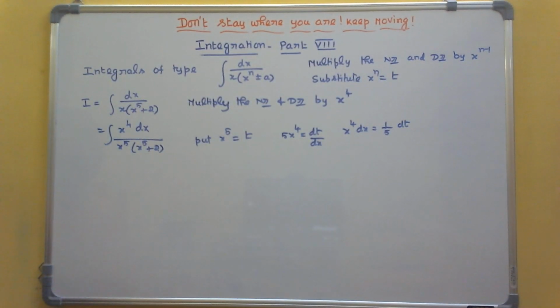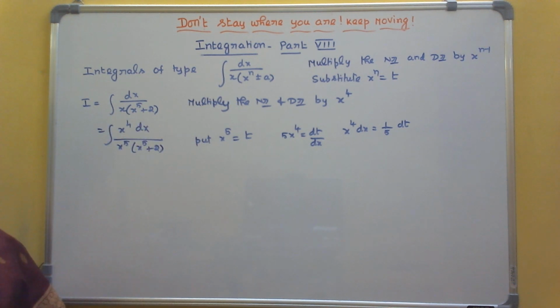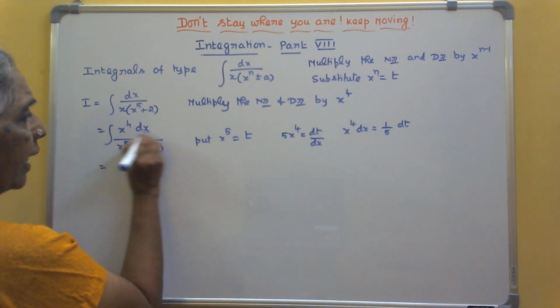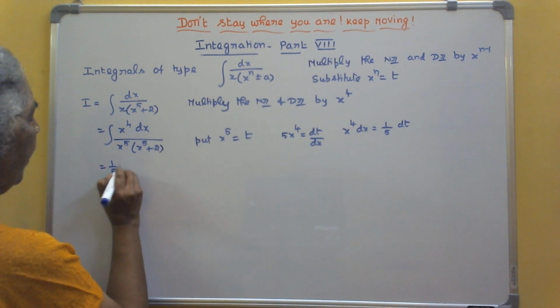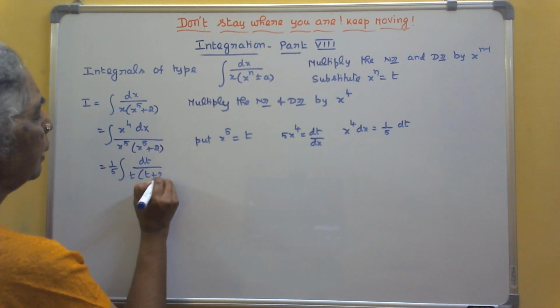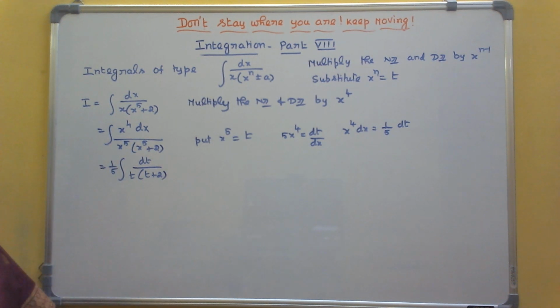Because here we are putting this substitution for integration. So here we have to differentiate. So don't confuse it with the last model. So now I will get this x power 4 dx is 1 by 5. I will write outside dt by t into t plus 2. Now these factors will be simple enough. Without going for a by b by, we can easily write them using the shortcut I taught you.